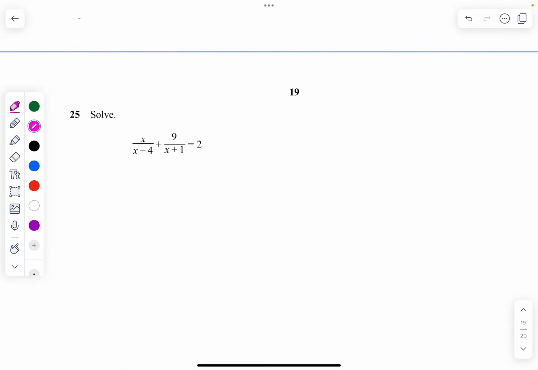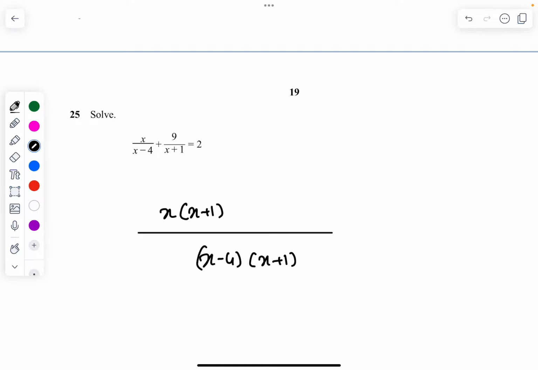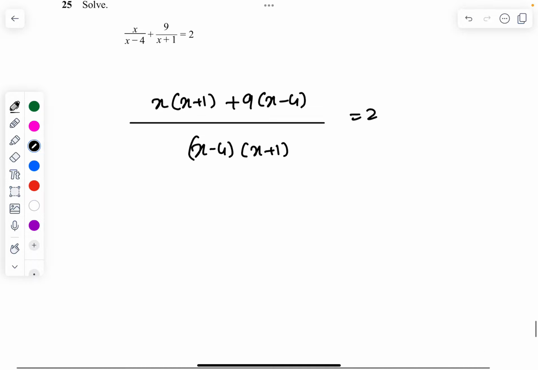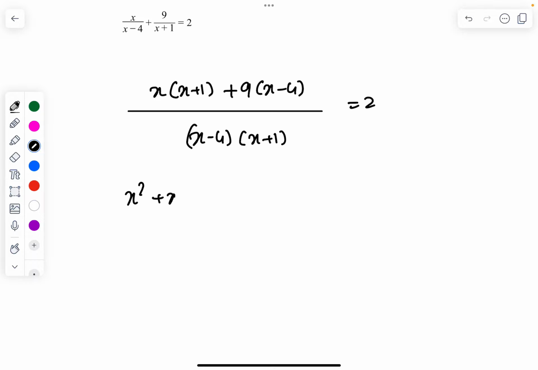Lastly, question number 25. So what is he asking us to find in question number 25? Do the common denominator. x minus 4 times x plus 1, which is x times x plus 1 plus 9 times x minus 4 equals 2 times x minus 4 times x plus 1.